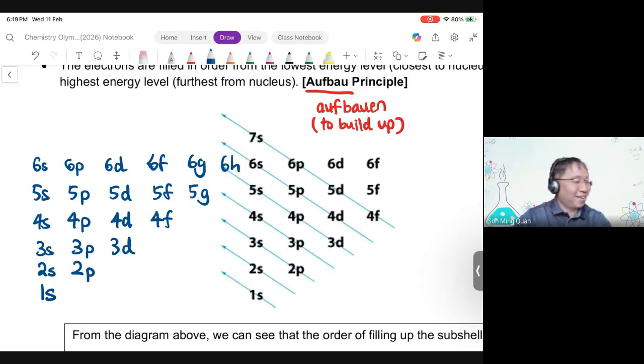Okay. So now, using a different colored pen, okay, you have a green pen or something, let's draw arrows. First arrow, how do you draw the arrow? We start from the empty space and draw up. The first arrow goes through 1s. That is the first subshell to be filled.